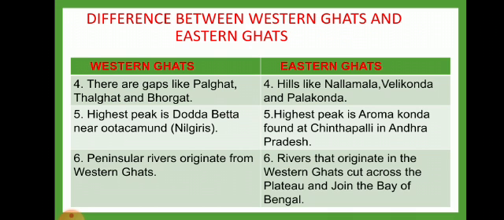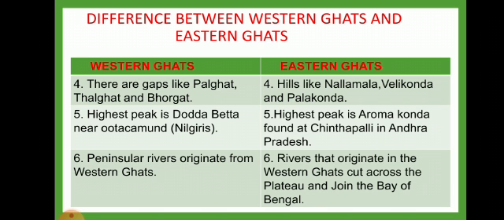Fourth point: Western Ghats have gaps like Palghat, Thalghat and Bhorghat. In Eastern Ghats, hills like Nallamala, Velikonda and Palkonda are there. Fifth point: the highest peak of Western Ghats is Doddabetta near Ootacamund, Nilgiri. The highest peak of Eastern Ghats is Arma Konda, found at Chintapalli in Andhra Pradesh.